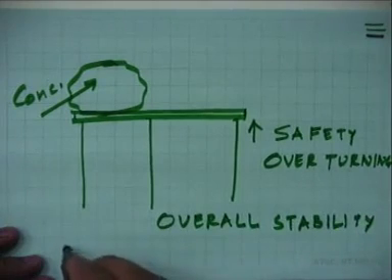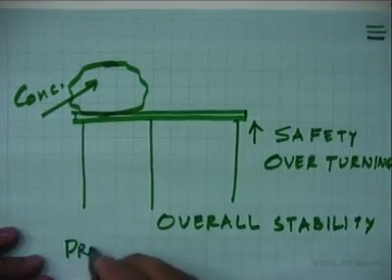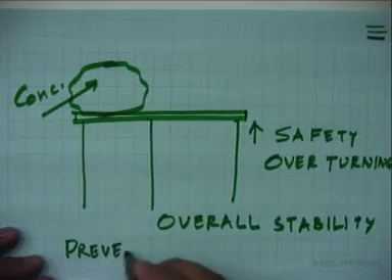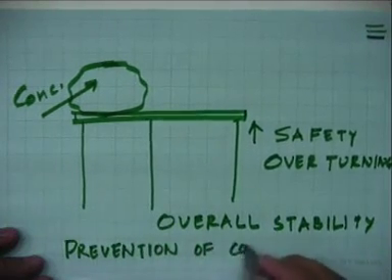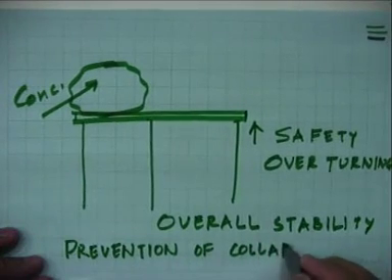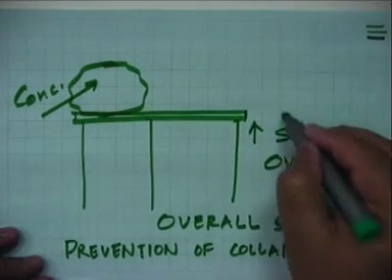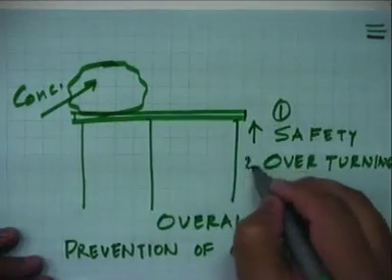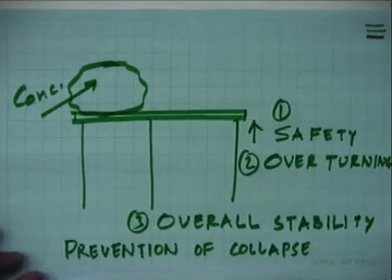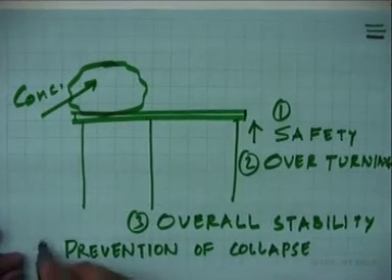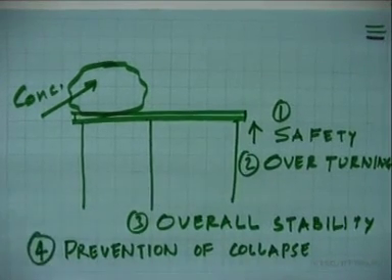You should prevent any possibility of a collapse. Prevention of collapse is a must. So these are some of the prime requirements of any formwork design. It should be safe against overturning, it should be stable, and you should prevent all the possibilities of collapse.